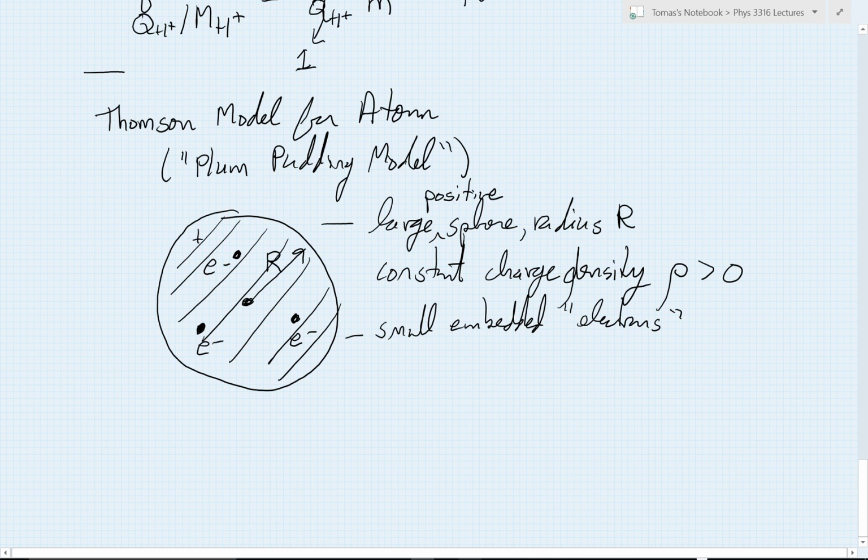Now it's called the plum pudding model because the basic idea is that this positive charge region of the atom is like the pudding that holds the thing together and gives it most of its mass, but within it there are these tiny little pieces of plum making up your plum pudding. So that's the Thomson model of the atom. It actually has some very interesting consequences.